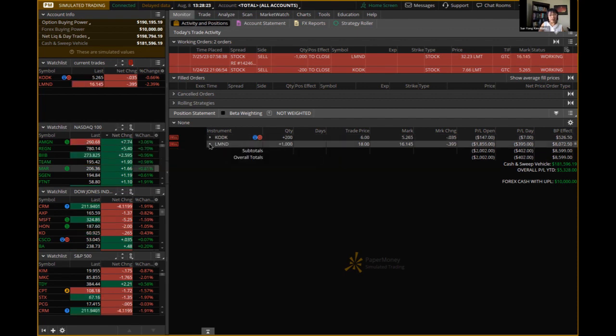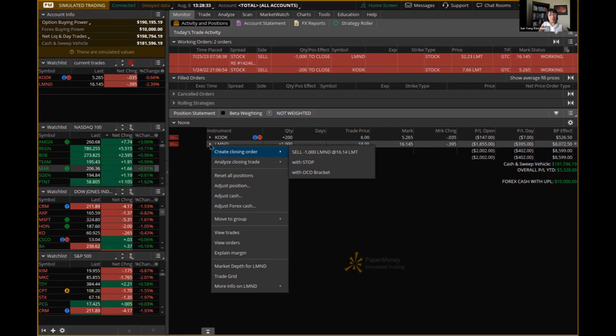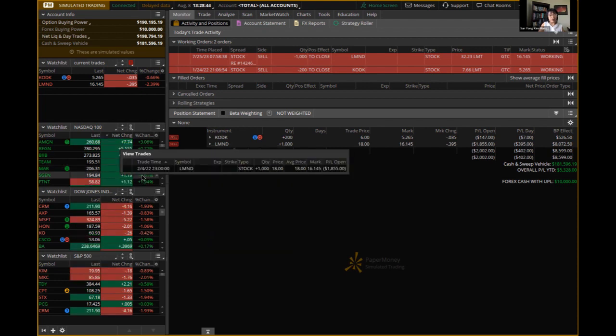Let's look at Lemonade. If you were to click on the arrow by the symbol on my current trade and hover over the view trades, this one is a little over a year.